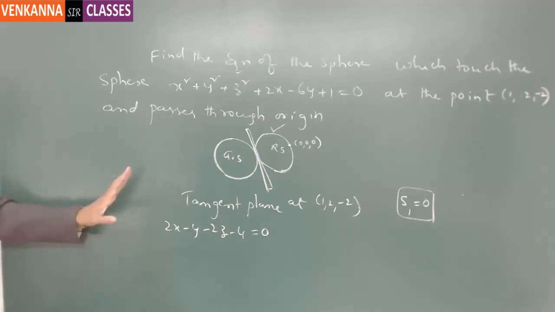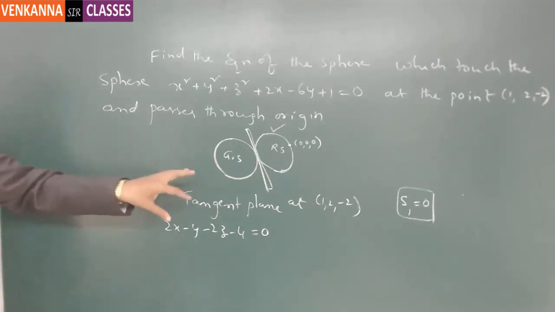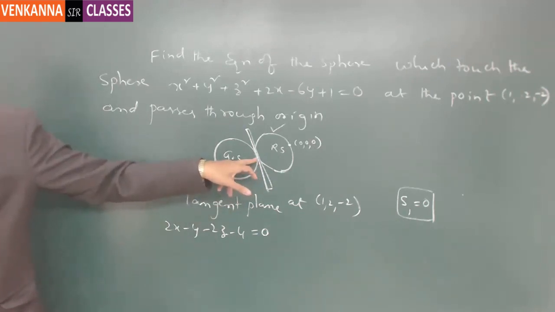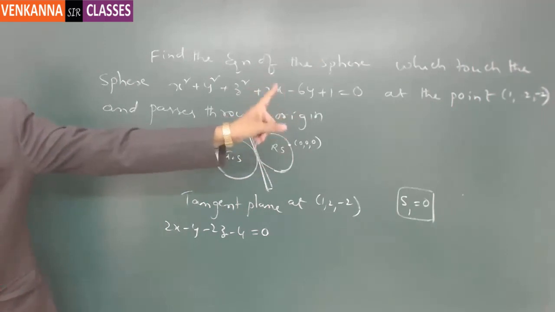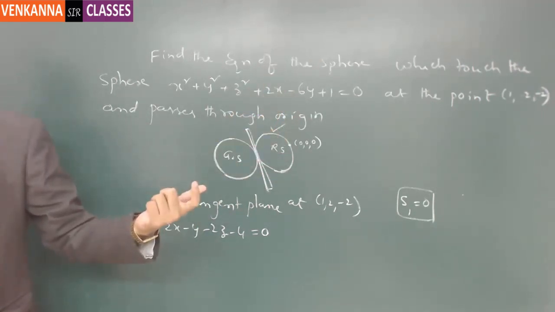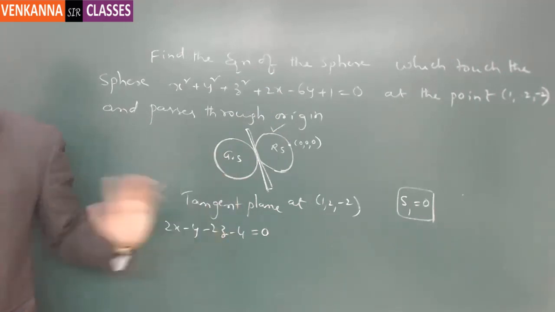Now, why have I calculated the tangent plane here? That was the question. If you calculate the tangent plane at this point, in other words, the given point (1, 2, -2) is common to the given sphere as well as the plane.